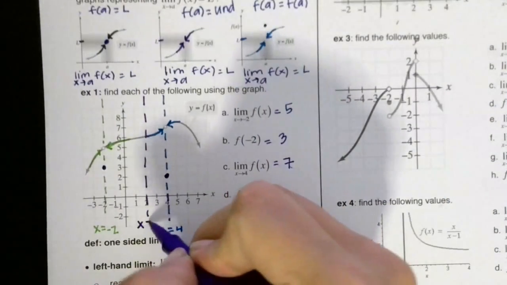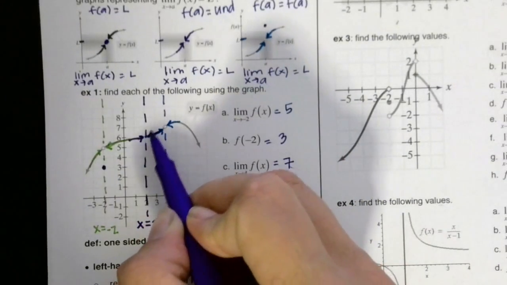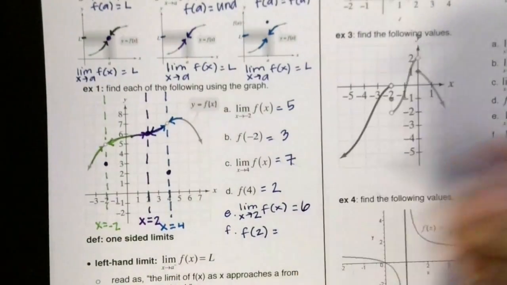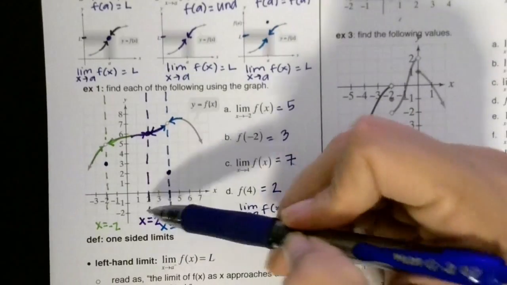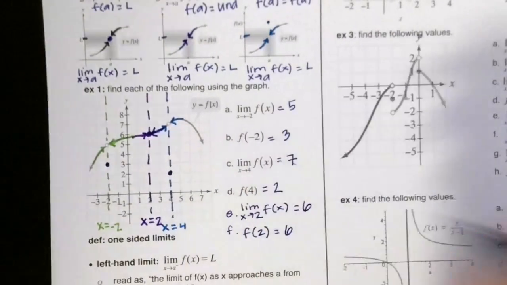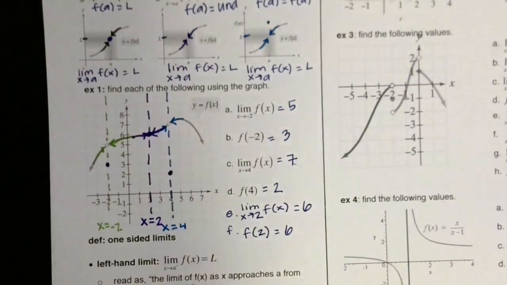Positive 2 this time. And the limit is the intended height. So as I come in from the left and the right there is my intended height, and it's 6. But what's my actual height? Well, at 2, my for real height is actually also 6. So sometimes limits can equal their actual heights as well.